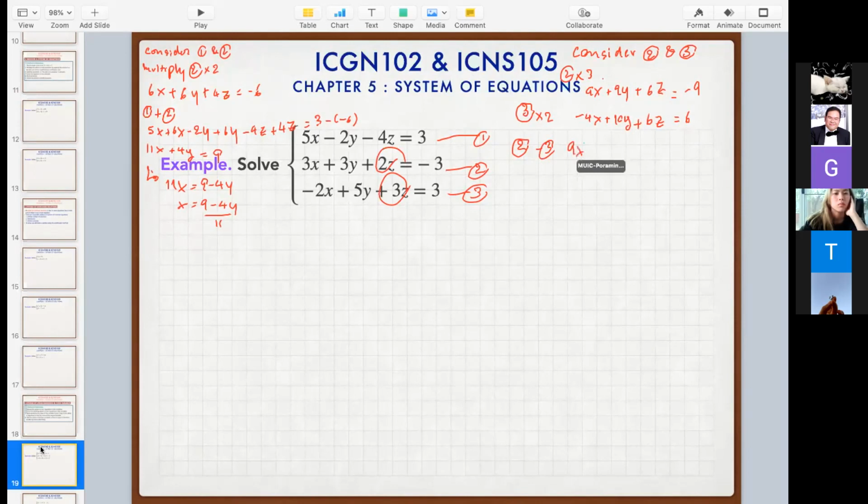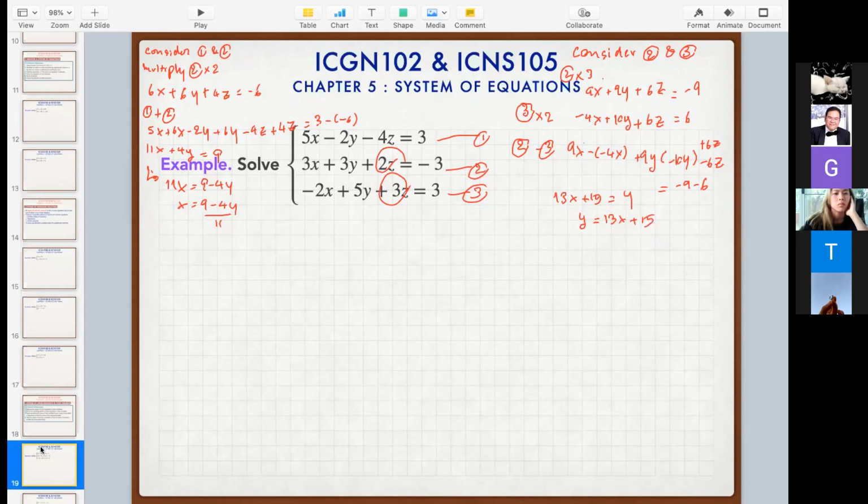Then I get 9x minus negative 4x plus 9y minus 10y plus 6z minus 6z equals negative 9 minus 6. Then I get 13x plus 15 equals y. So y equals 13x plus 15, something like that.